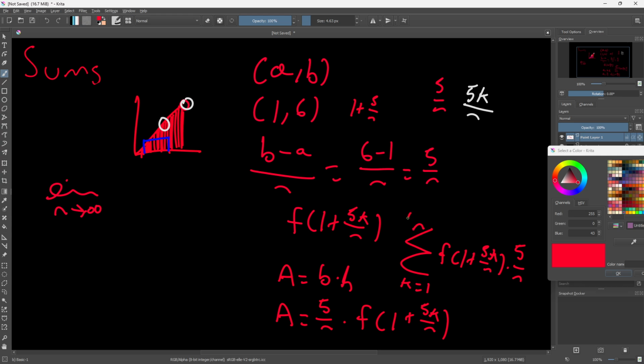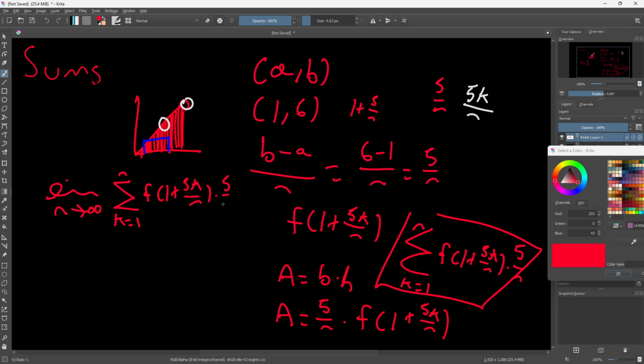So what are you doing with this? Well, keep in mind that we wrote a limit earlier, and you're doing the limit of this. So it would be the limit as n goes to infinity of the sum from k equals 1 to n of f of 1 plus 5k over n times 5 over n. So 5 over n is a constant with respect to k, so you can take it to the front, right? And so let's say f of x equals x. I'm sorry, not 1, that's not what I meant. I meant to say f of x equals x.